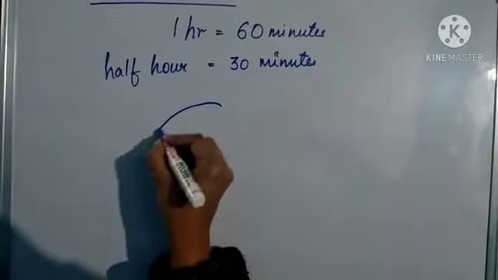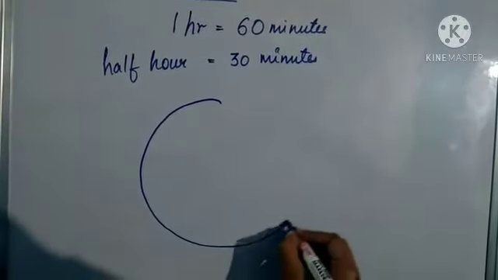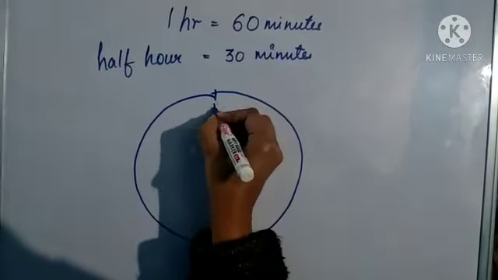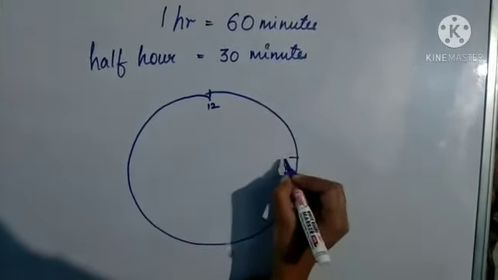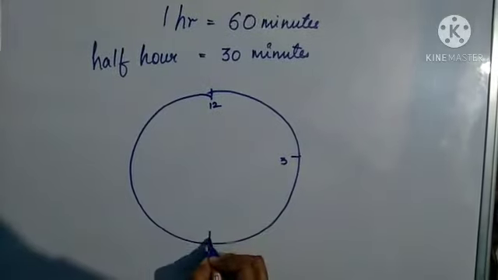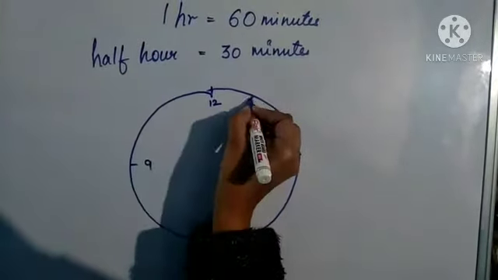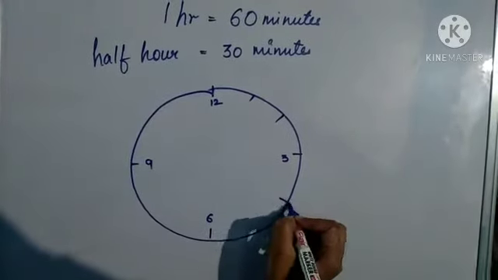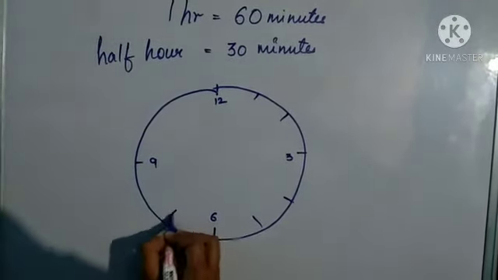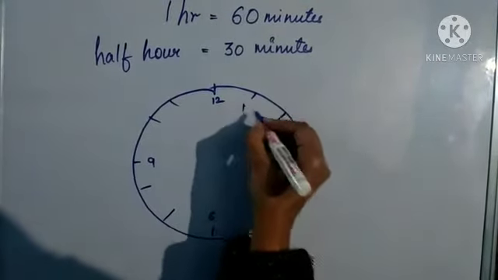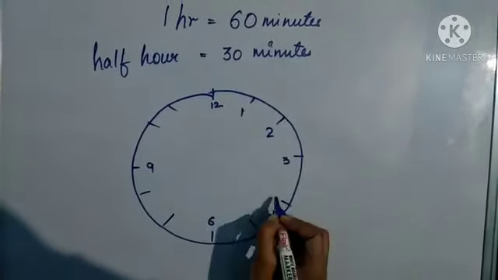So now let me make one clock. These numbers which I am writing on the board are hours.